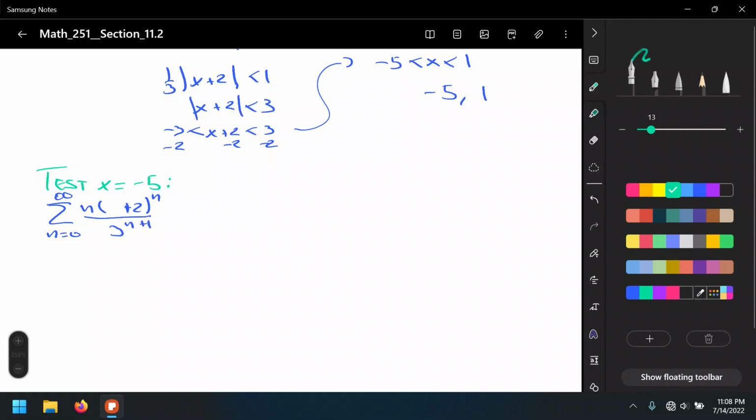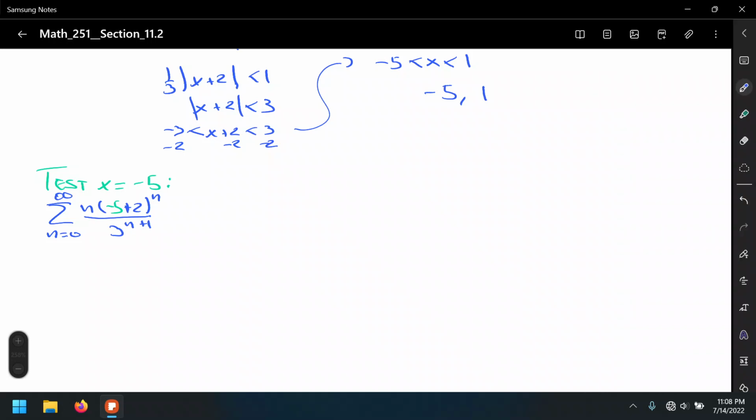Okay, let me write down that -5. And notice when we plug in that value of -5, we no longer get a power series. It's now a series of constant terms. The x has gone. And that's negative 5 plus 2, that's negative 3 to the n, over 3 to the n plus 1.